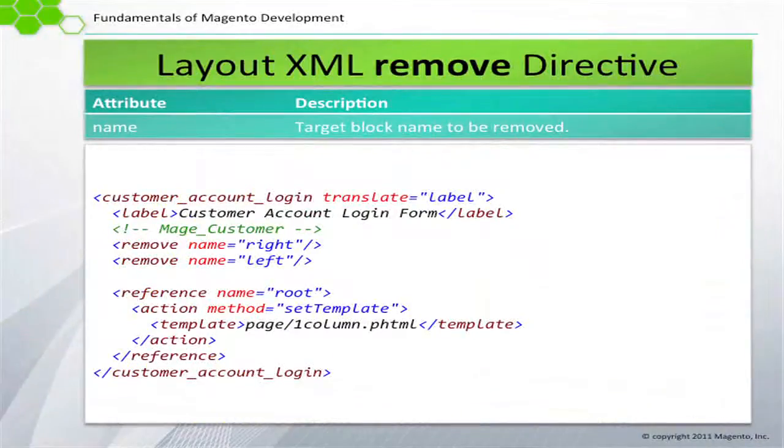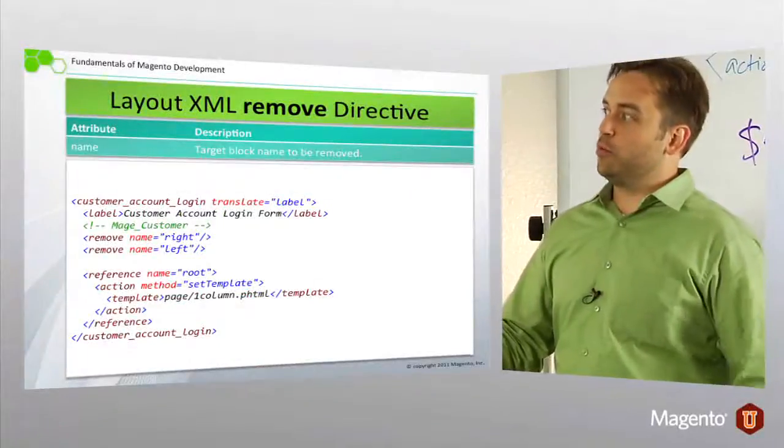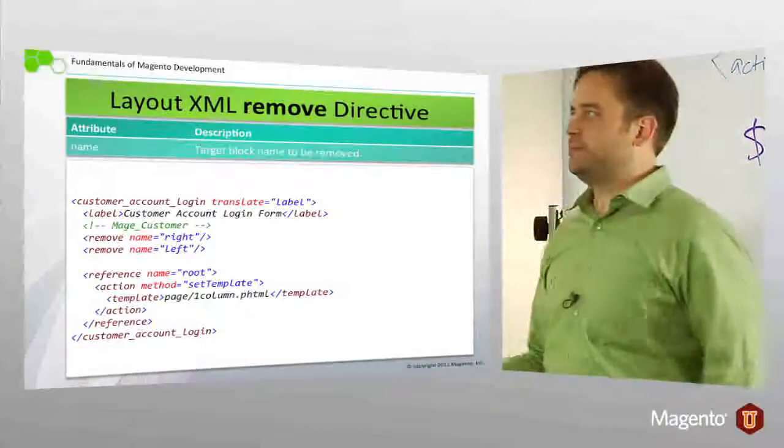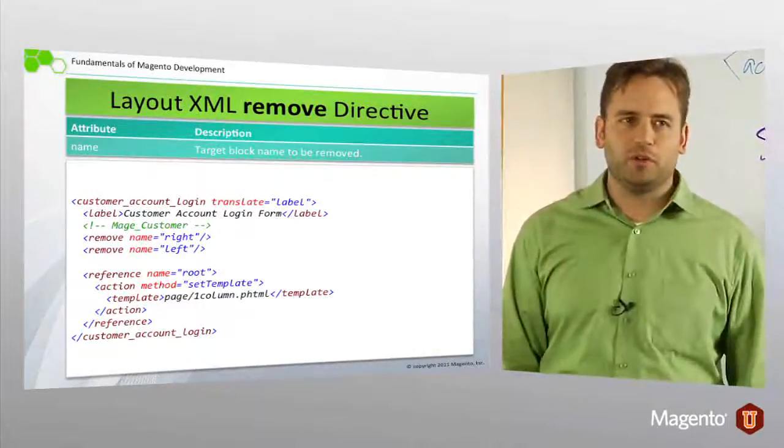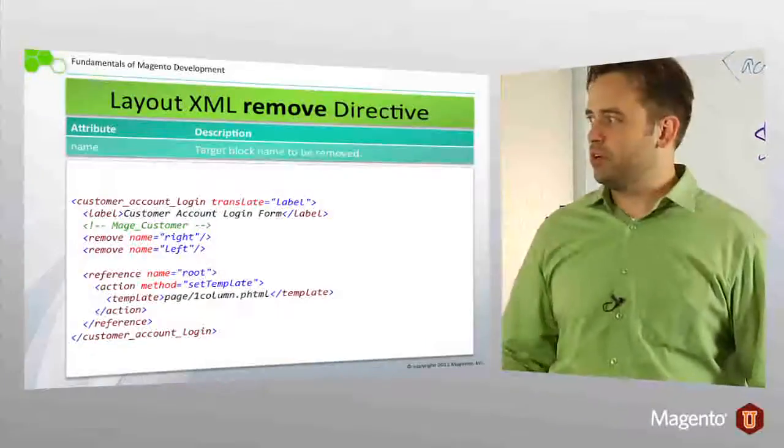All right, so remove directive, again, just specifies a name, not an alias, but a name of some block somewhere. And this happens for customer account login page. Remove name right, remove name left. You could probably say, well, why wouldn't you just use the one column template?